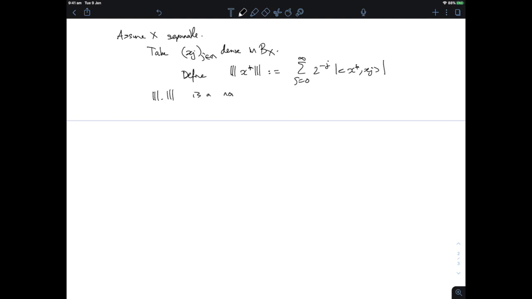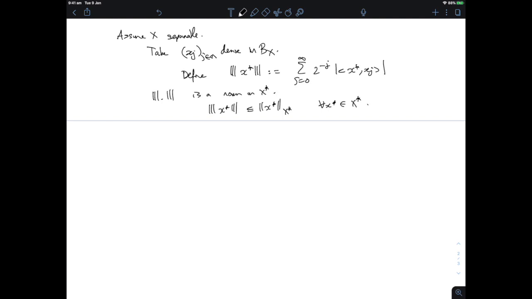It is a norm on X star, and that norm is controlled by the standard norm on X star, right? For every X star in X star, that's because these functionals apply to x_j, because x_j is in B_X, so this is always smaller than the norm of X star, and the sum of 2 to the minus j is 1.